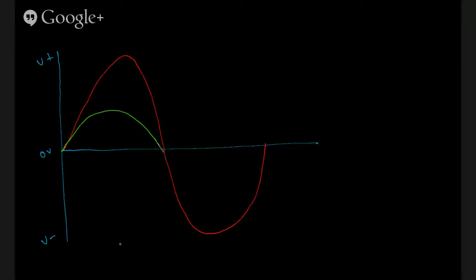You see that our current wave will be in phase with our voltage wave. All right. Generally, we'll only be dealing with the voltage wave. That'll be the important part of the waveform.